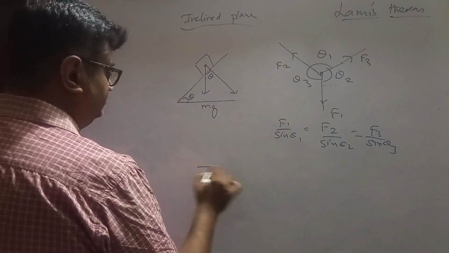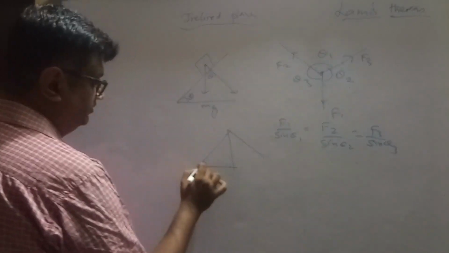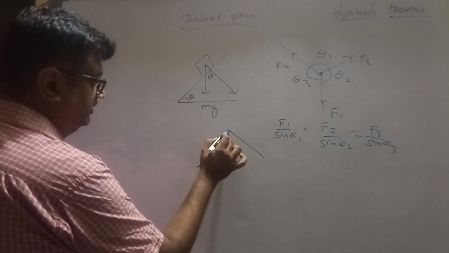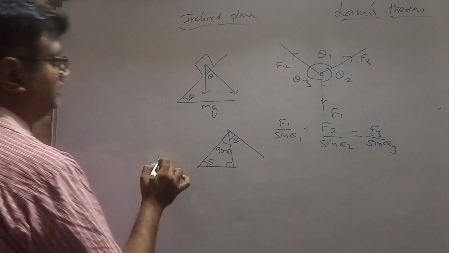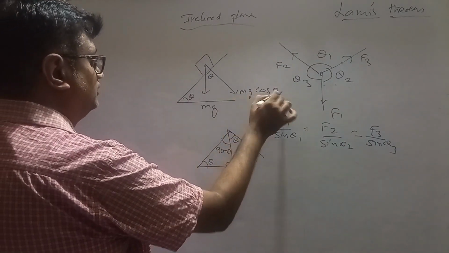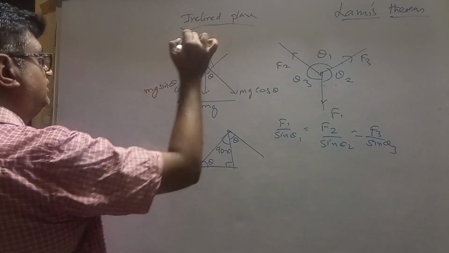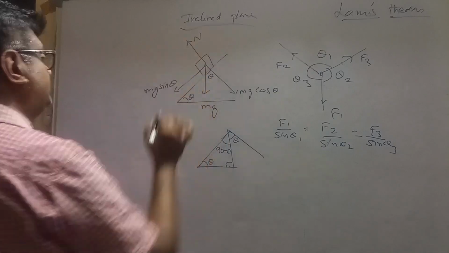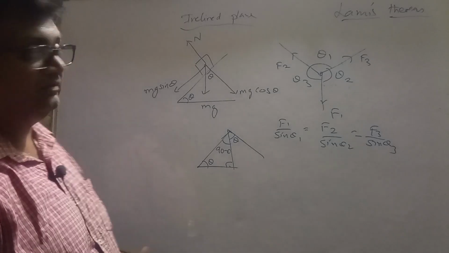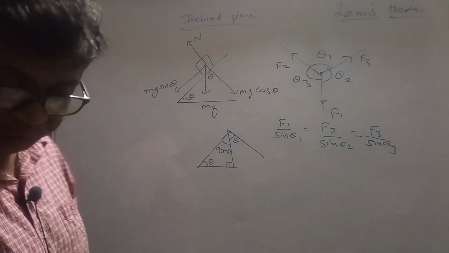We can derive this also: this is theta, this is 90, this is 90 minus theta, and the total is 90, so this will be theta. This adjacent component will be mg cos theta, and this component will be mg sin theta. Besides this, there is a normal reaction acting here. These are the forces acting on an inclined plane. Let us see one small problem on this.